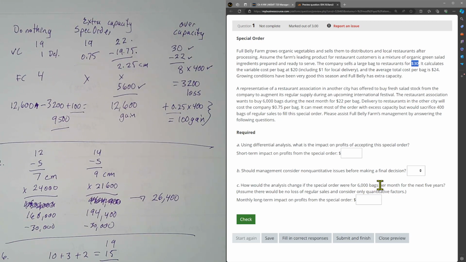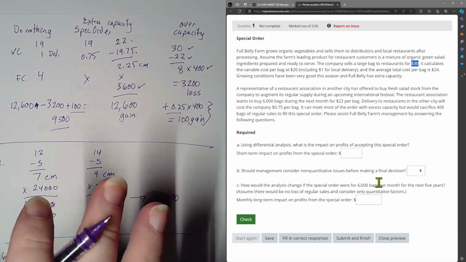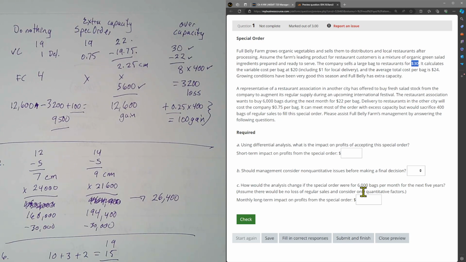I'm going to allow you to try and tackle that on your own, having already laid out all of the necessary groundwork to be able to figure this out. Hopefully you'll be able to figure out C as well. So fill in the correct responses. I'll give you a hint here. It's 10,500 minus this set of numbers. So hopefully you can use that to figure out yours. But 9,500 and yes were the ones we worked through.